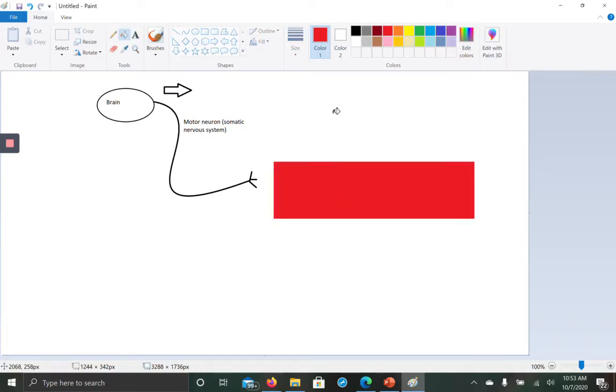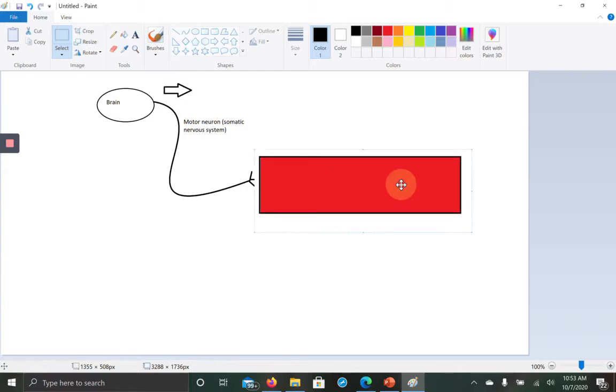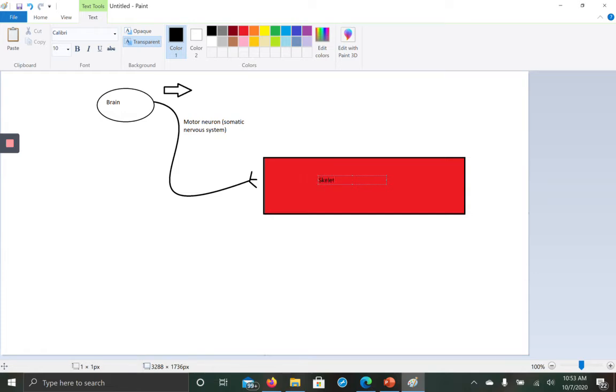Let's make it red. And then let's say that our sarcolemma, our plasma membrane, is going to be in black, just so we can tell the difference. Okay. And let's move the whole thing over a little bit. Alright, that's good. So we have the brain sending an output signal to a skeletal muscle fiber. Not bad.